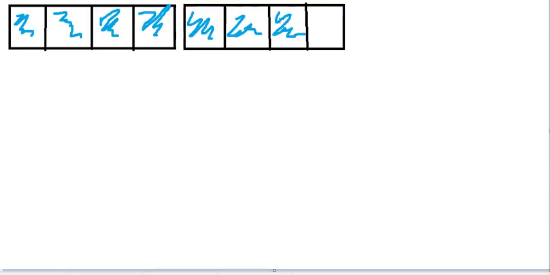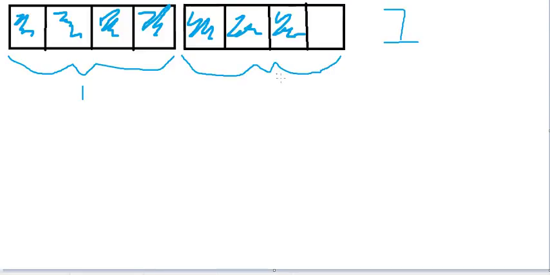Now, how many pieces are shaded all together? 7. And our parts would be our 4. Technically we have 1 whole, and then we have our second whole. I'm just going to write a 2 here.